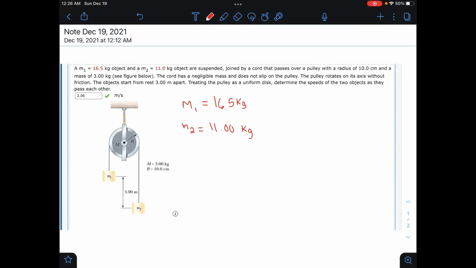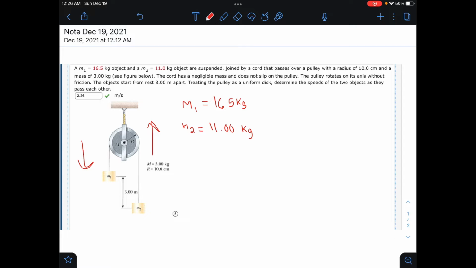Now, immediately M1 is greater than M2, so we're going to be rotating this way, right? The distance we're going to be going is 3 meters because we want to see as they pass each other. So that'll help us. Let's get our formulas.